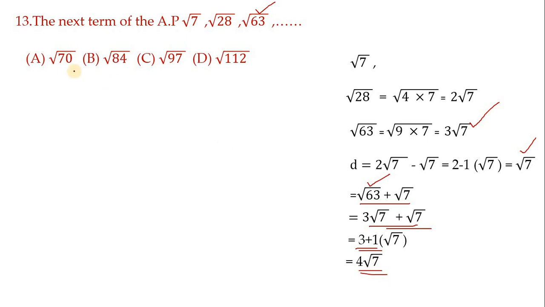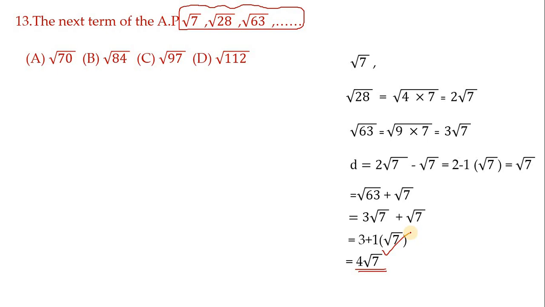Now 4 root 7 is not in our option. Why? Because it is in simplest form. But here in the AP, the terms they have written are not in simplest form. Hence we have to write it like this. This 4 you take inside the root. So 4 squared it will become.